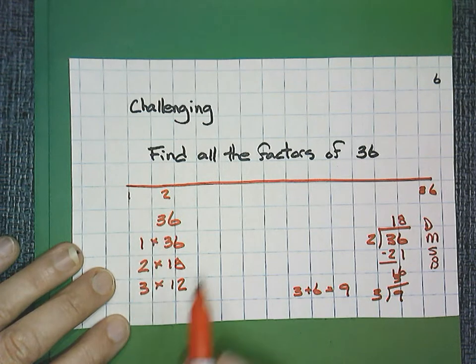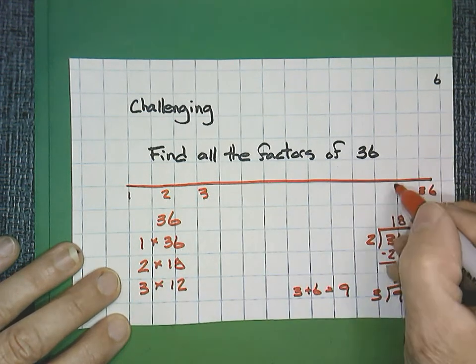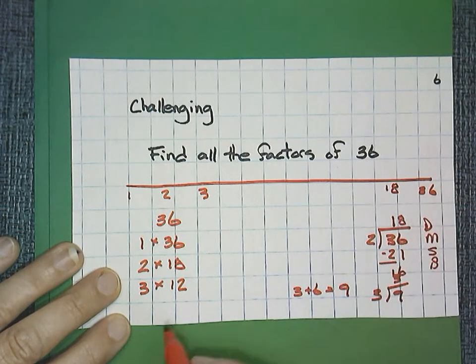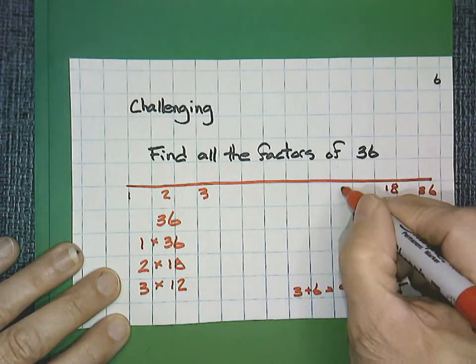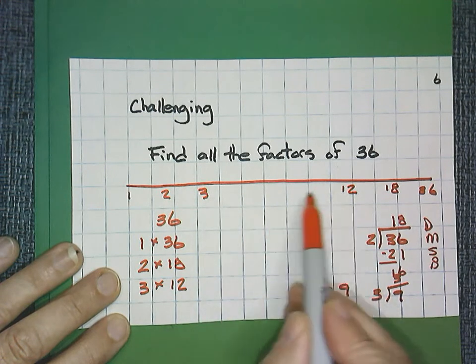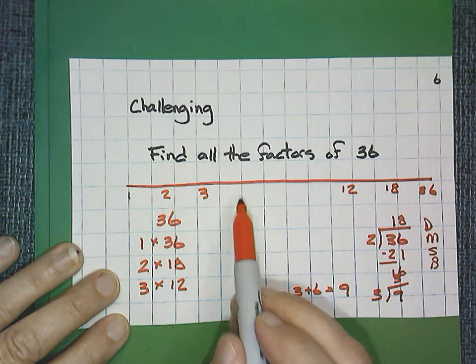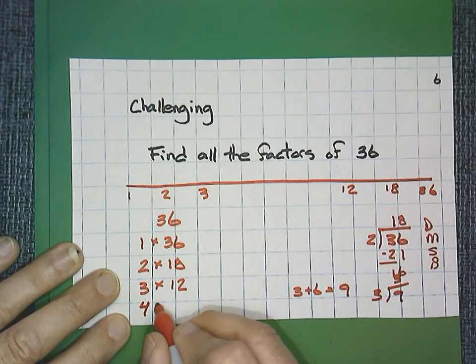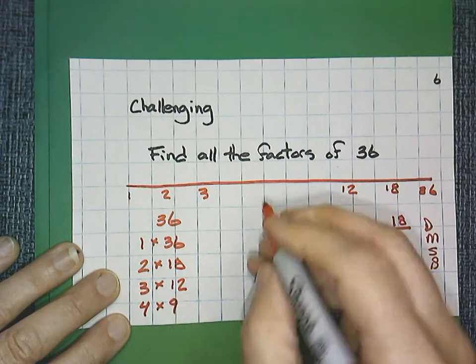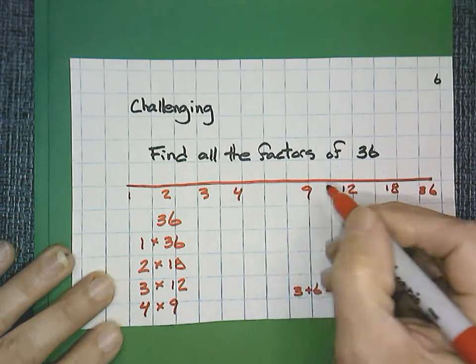All right, let me see where we're at right now. We have 1, 2, 3. We said we had 18, and then we just have 12. So everything in between now is the only ones we can check. So let's check 4. Well, I know that 4 times 9 is also equal to 36.